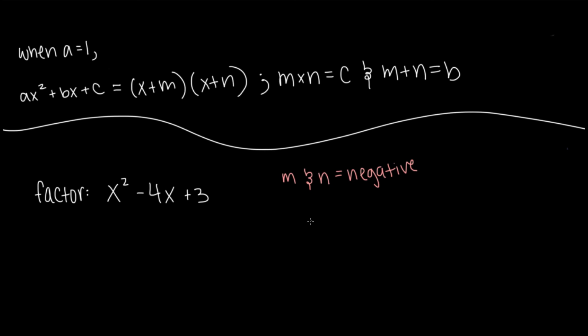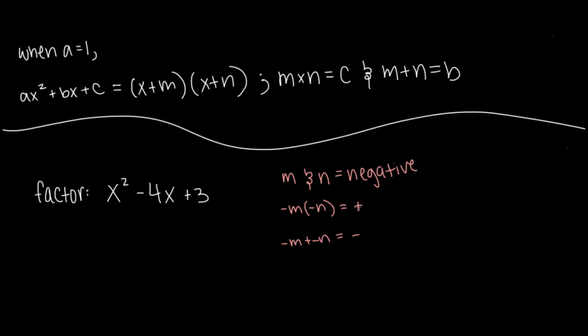Because if you take negative m and you multiply it by negative n, whatever you get out is going to be positive. And if you take negative m and you add negative n, whatever you get out is going to be negative.